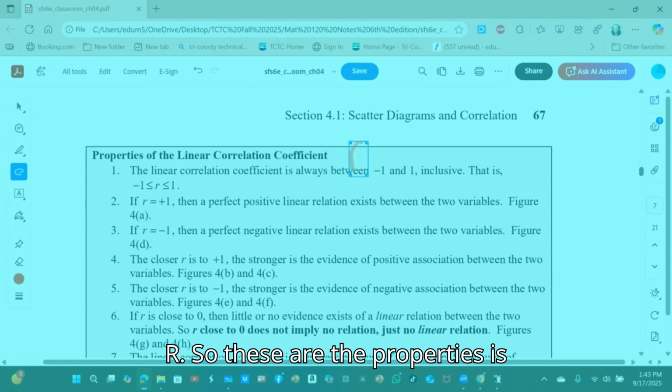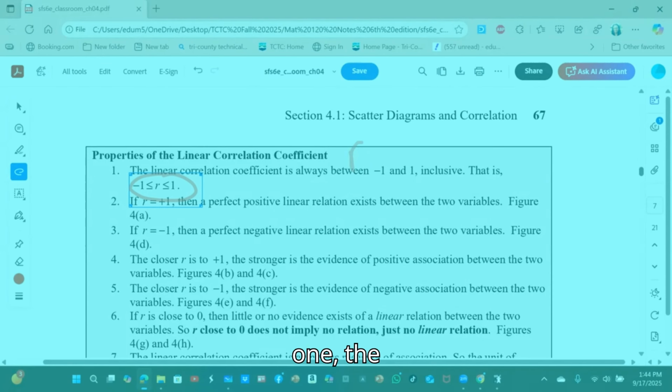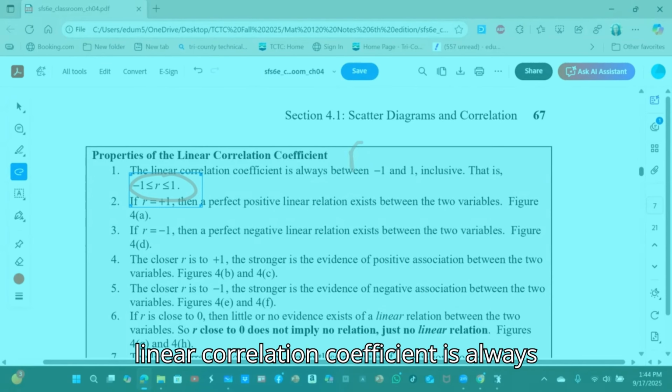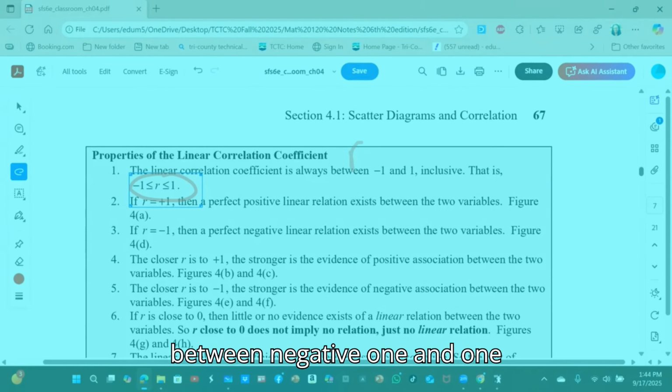The properties of R are listed. It's already in your test, so you need to know that. Number one, the linear correlation coefficient is always between -1 and 1, inclusive. If R is equal to 1, then perfect positive linear relationship.